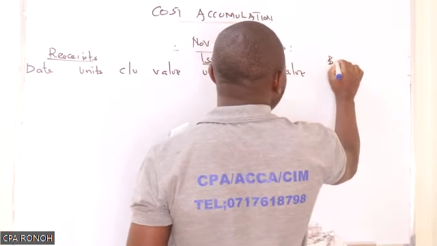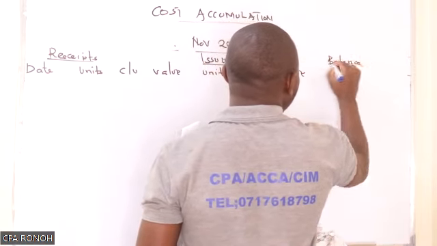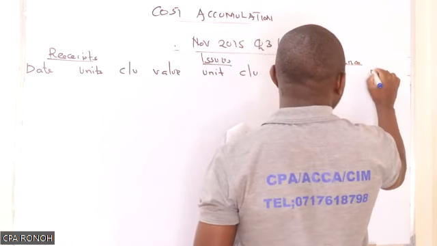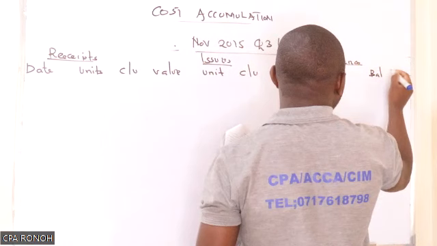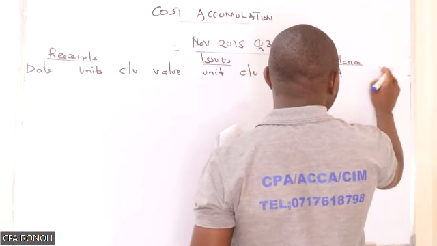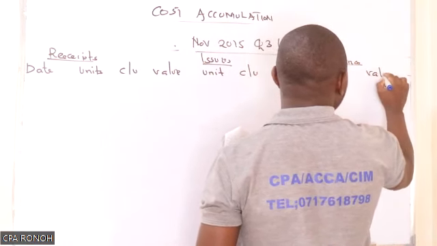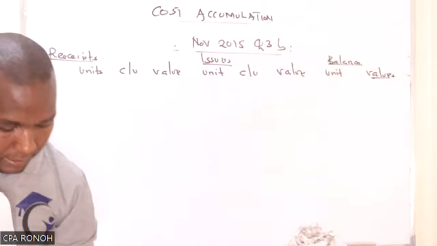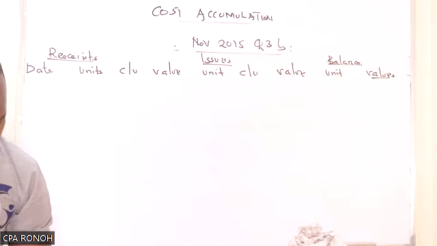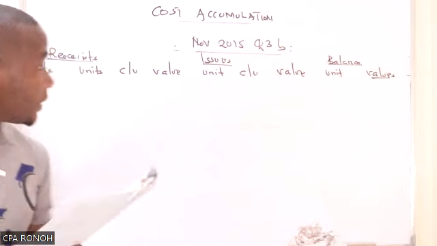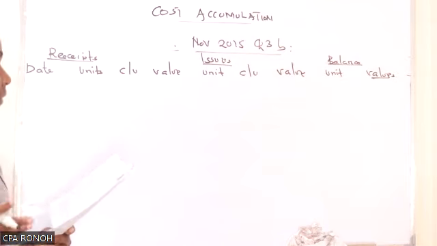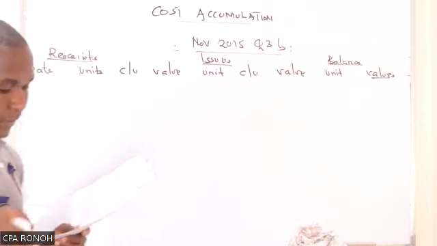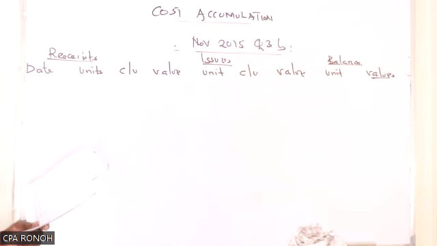Then we have the balance: units and values. So that's how your store ledger card looks like. Draw it in your book.